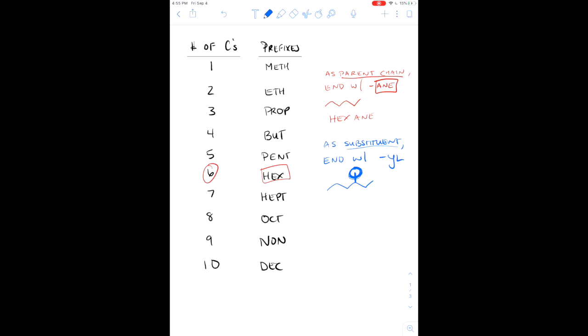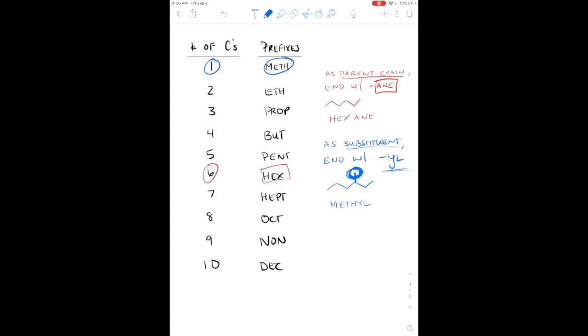Again, this will be more clear later when we go over in detail the naming of compounds. But for now, let's just call this a substituent. When you have a substituent, you can classify them using the prefixes with a different ending, which is yl. Since this circled substituent is only 1 carbon, we use the meth prefix, and then we finish it off with yl, so methyl, or ethyl or propyl, butyl, pentyl, hexyl, heptyl.